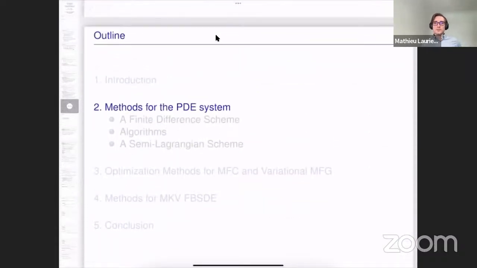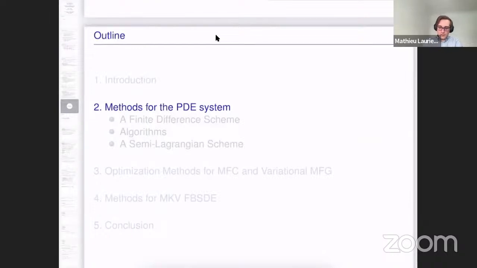So this section 2 is going to be about two numerical schemes. I will mention at the end that there are other possibilities, but for the sake of time, and also because I will present methods that I'm most familiar with, I will focus on these two methods and mention at the end other possible methods.